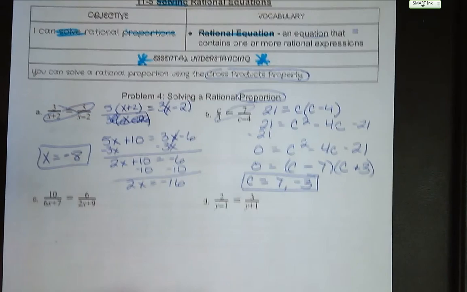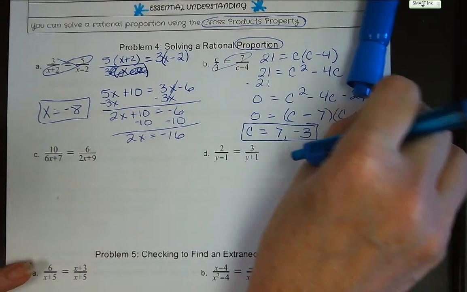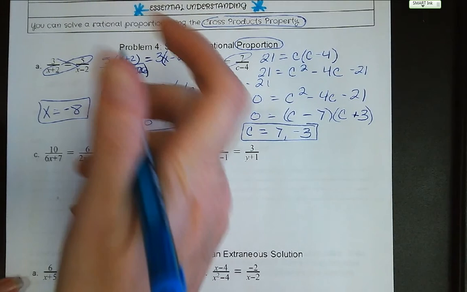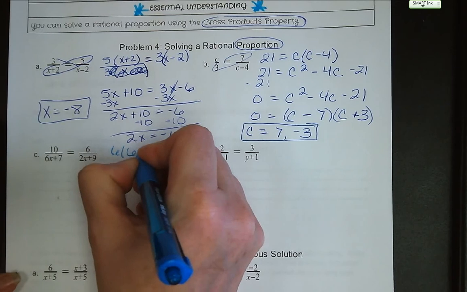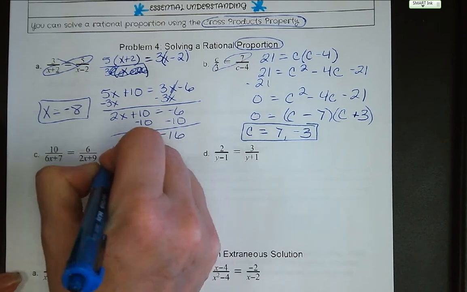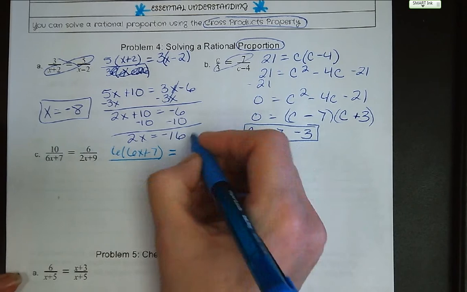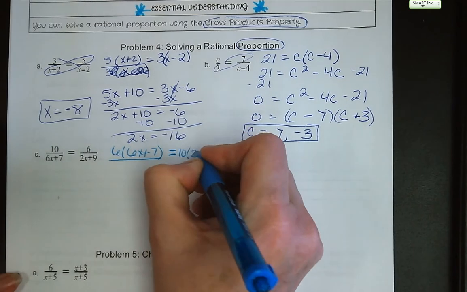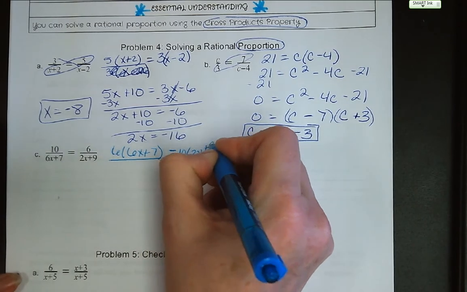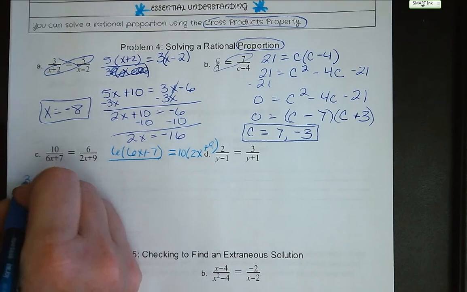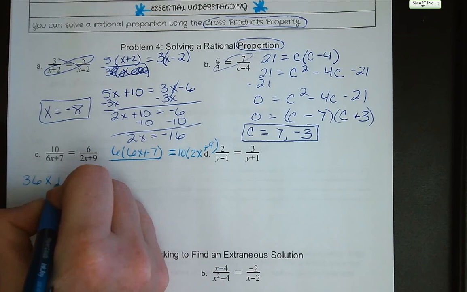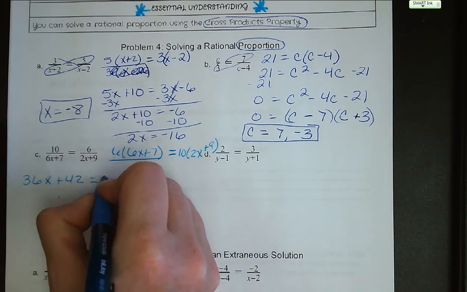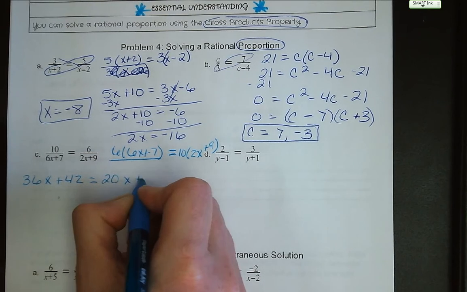Okay, letter C. Cross multiply. You guys try these on your own, then come back and check your work. So we've got 6 times the quantity 6x plus 7 equals 10 times the quantity 2x plus 9. 36x plus 42 equals 20x plus 90.